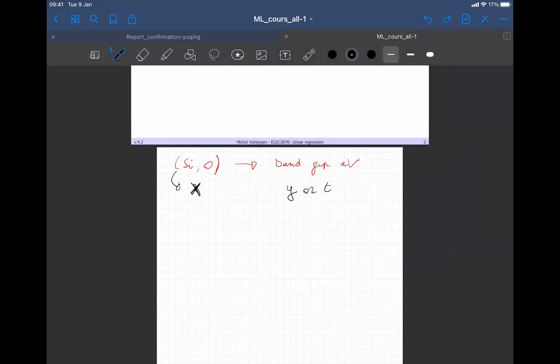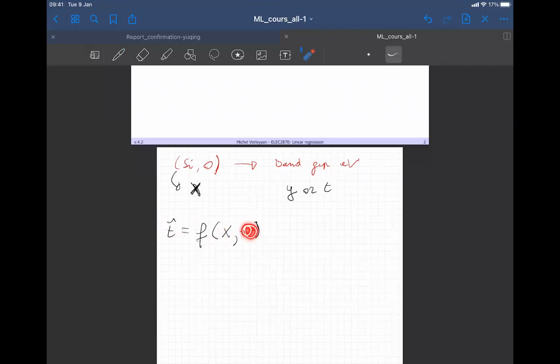The idea is I want a function f that, given X and given W, I will explain what W is, gives me my target, the band gap. So it's a function f that takes the input and gives the target. I have put a hat here because it's an estimate of what it could be, so it's not the real value.